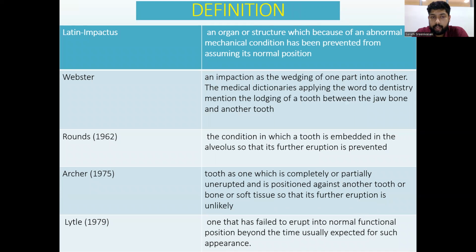According to Archer in 1975, an impacted tooth is one which is completely or partially unerupted and is positioned against another tooth or bone or soft tissue so that its further eruption is unlikely. According to Little in 1979, an impacted tooth is one that has failed to erupt into normal functional position beyond the time usually expected for such appearance.